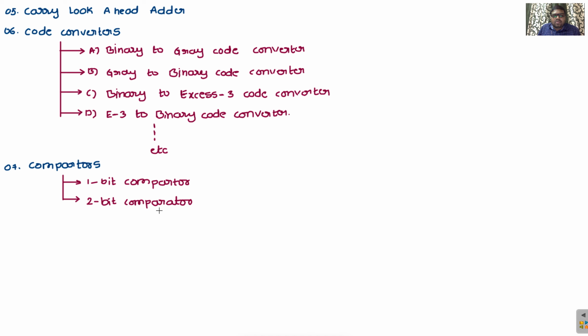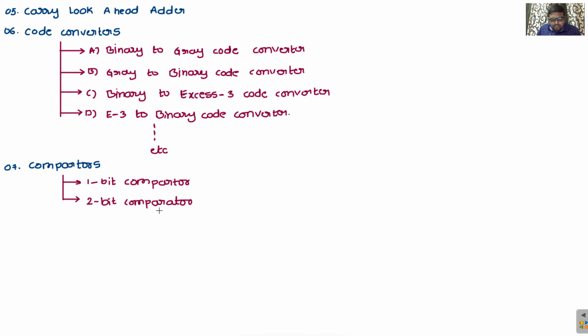If you take the 3-bit comparator, in that situation you will get 2 to the power of 6 combinations. That is a complicated design, so for undergraduate level, a 2-bit comparator is enough.